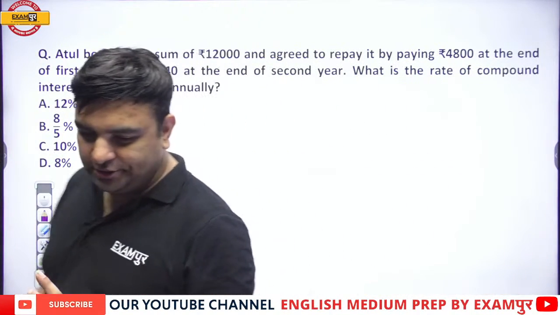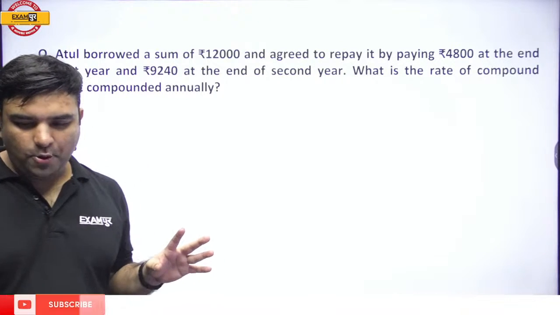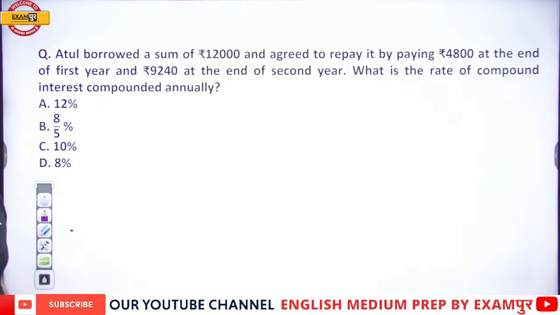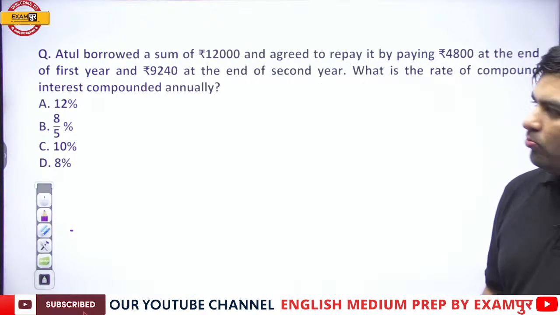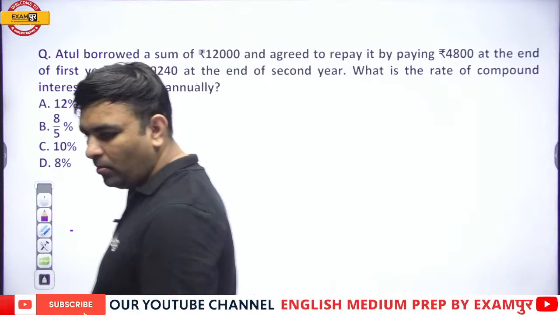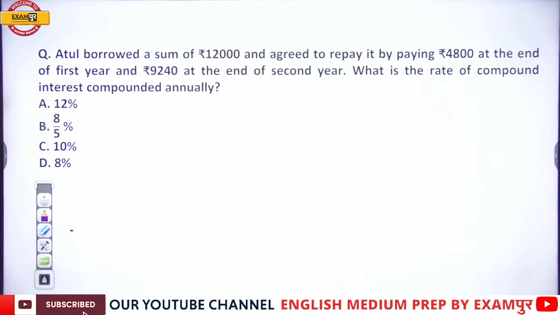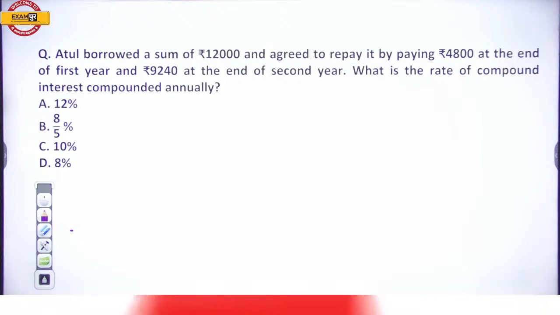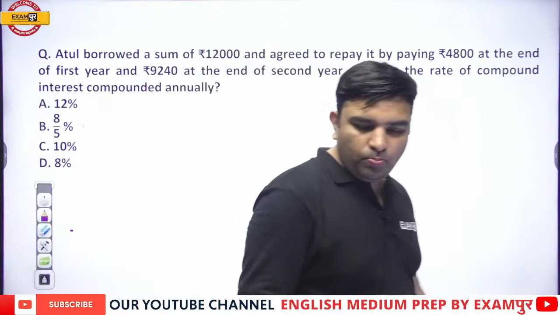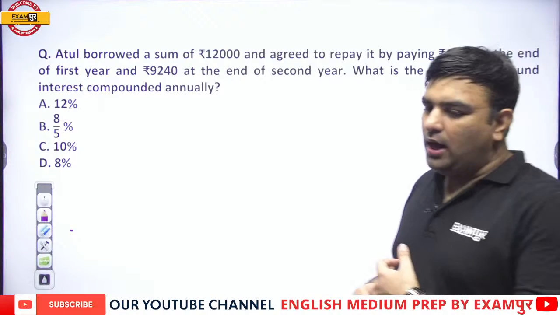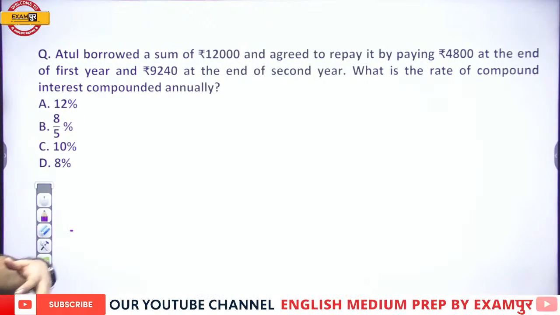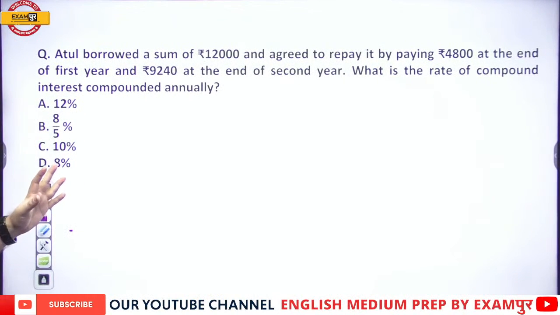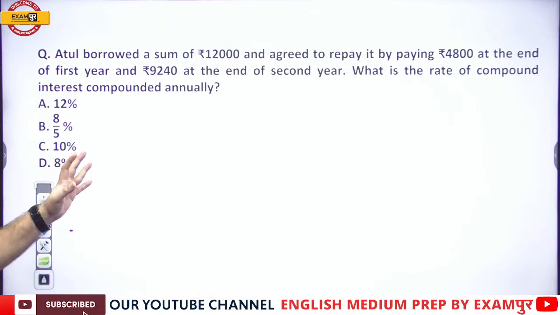How have you done it, Harshit? Atul borrowed a sum of 12,000 and agreed to repay it by paying 4,800 at the end of the first year and 9,240 at the end of the second year.